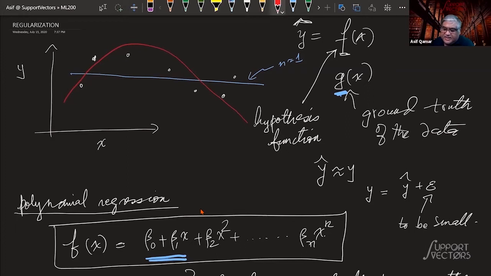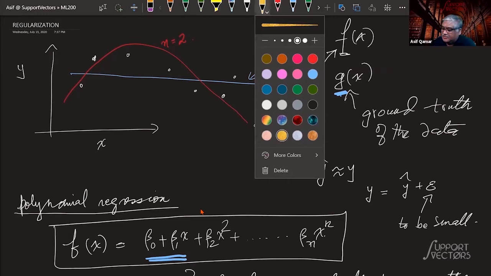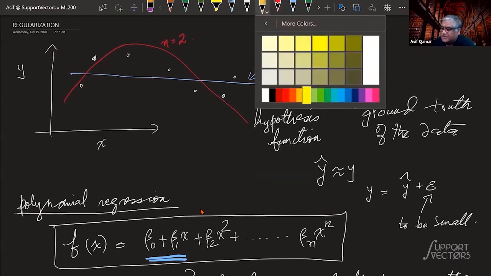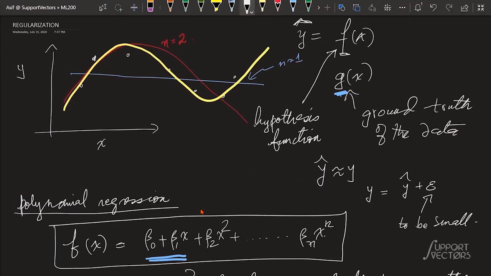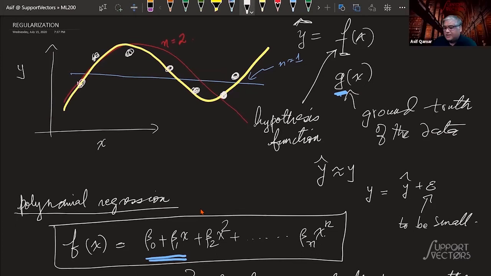I don't know if this is exactly the one, but we'll assume that it is. Then for n is equal to 3, let me take another color, maybe it is this one. Let me make the points big and bold so that we remember them. It needs 2 bends for n is equal to 3.